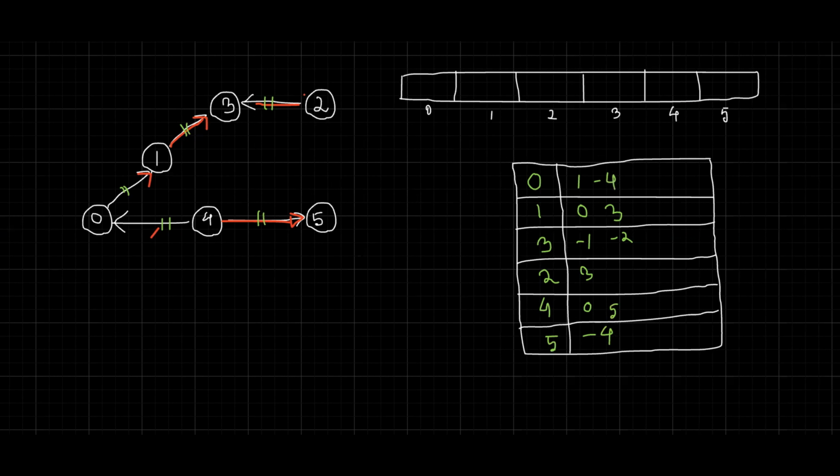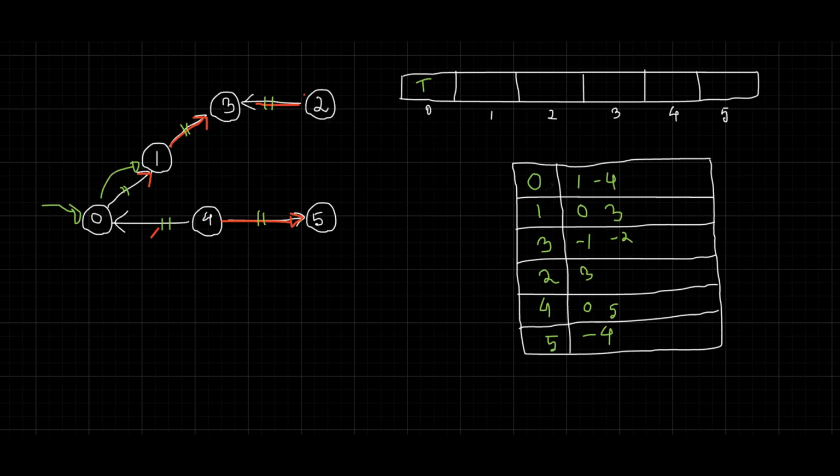Now let's start the DFS. Initially, we are at this root node 0. From 0, we can go to 1. But before going to 1, let's make visited 0 true. Now, from 0, we are at this point 1.